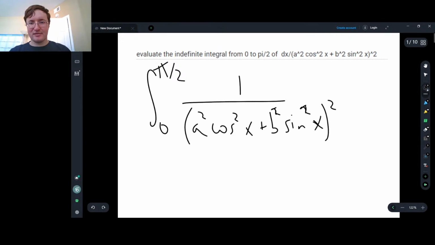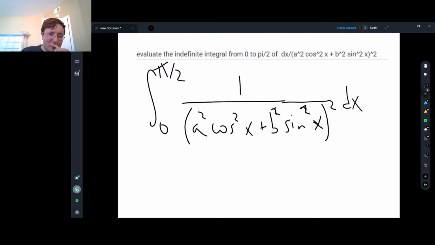Okay, cosine squared plus sine squared is 1. So I could get everything in terms of sine squared or cosine squared. I could get everything in terms of cosine of 2x, and then that would be easier. So, okay, let's see.